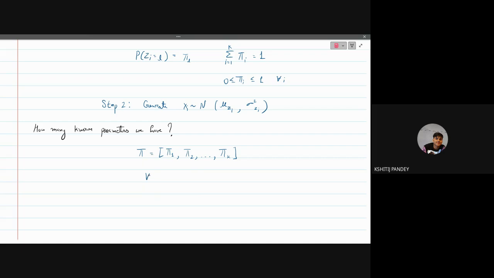And for each mixture, you will have parameters for the normal distribution. That is, you will have mu, and you will have sigma square.